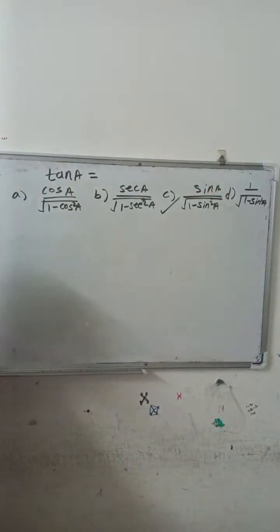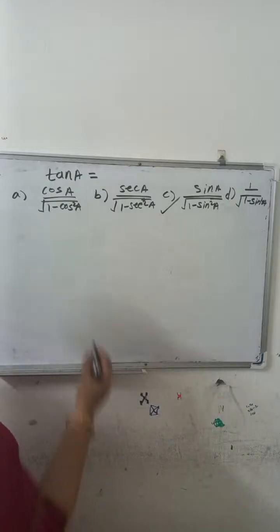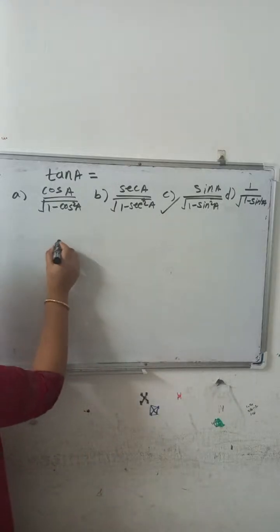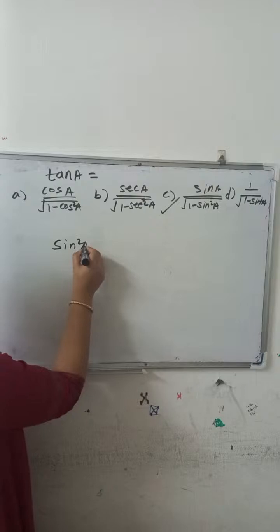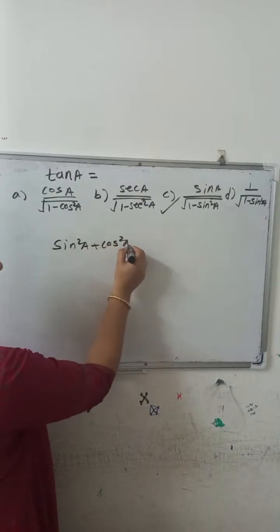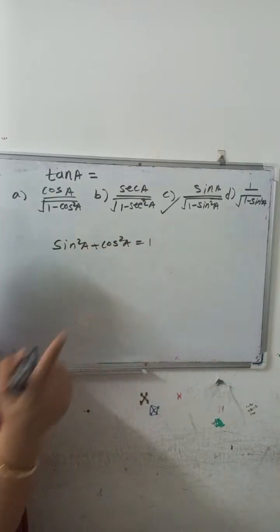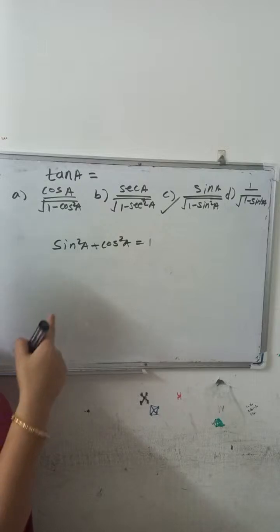Just now we did it, I told you how to solve this. We know that sin square A plus cos square A is equal to 1. When I explained the identity, I did the same question.